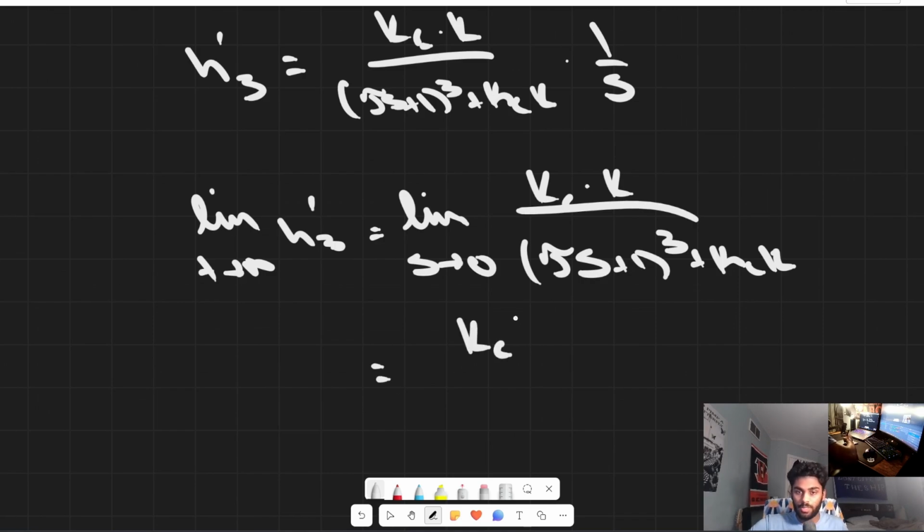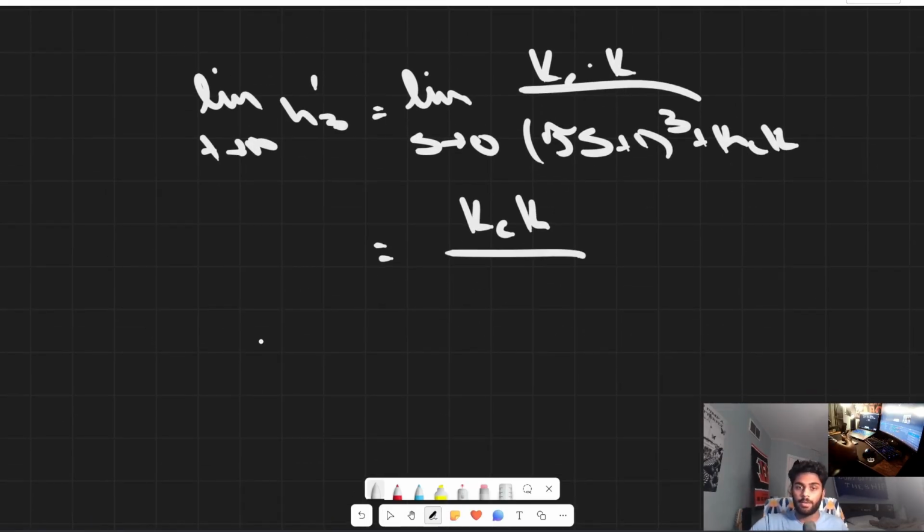So what we are left with is Kc, our proportional gain, times our process gain, over 1 plus Kc K. So this is our deviation at time equals infinity for our height in tank 3.